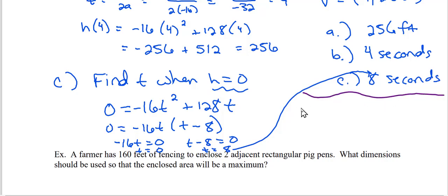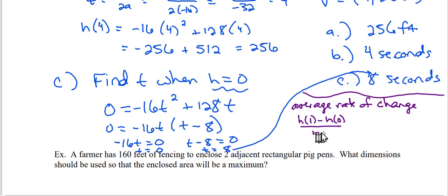I am going to find the average rate of change of this rocket over that time. Average rate of change. So I am going to do h of 1 minus h of 0 over 1 minus 0.